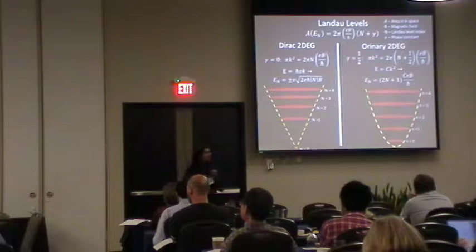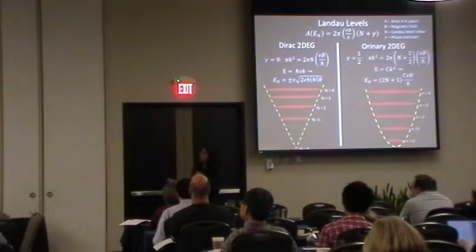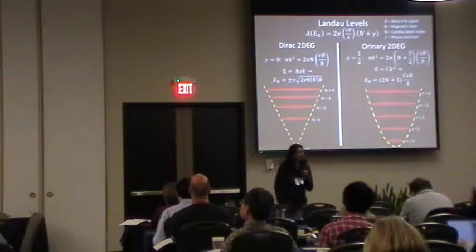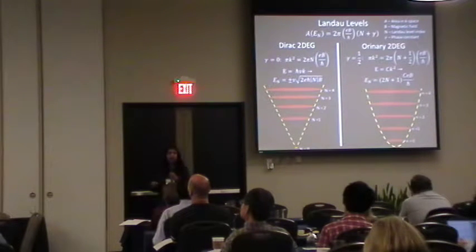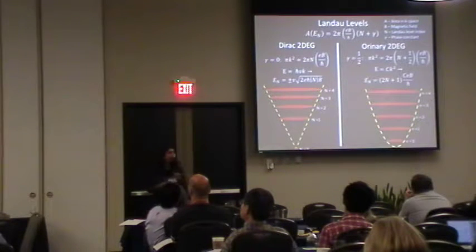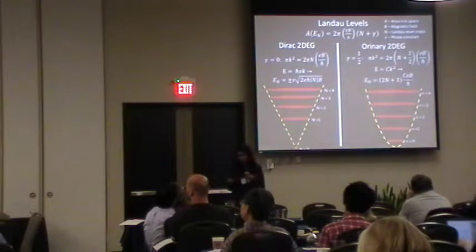This means that if you can figure out the energy of these Landau levels, you automatically know what the momentum of the electrons is. There's a direct relationship between the two. Okay? So by turning on a magnetic field and looking at these Landau levels, we know energy and we know momentum, so we can actually plot the dispersion.